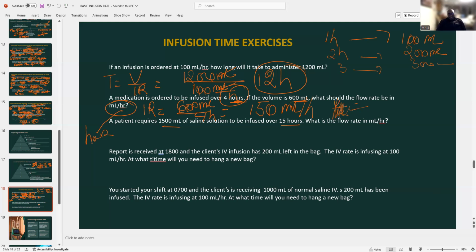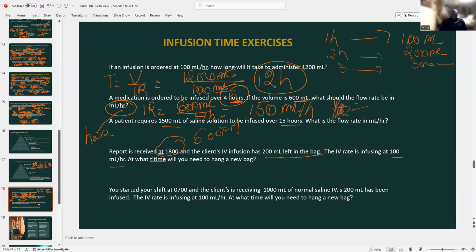Let's look at question number 4. You receive a report at 1800, which is 6 p.m. And the client's IV infusion has 200 milliliter left in the bag. The IV rate of infusion is 100 ml per hour.